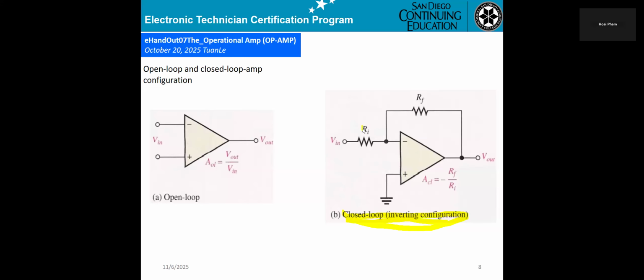That will be an inverting amplifier, we'll see.